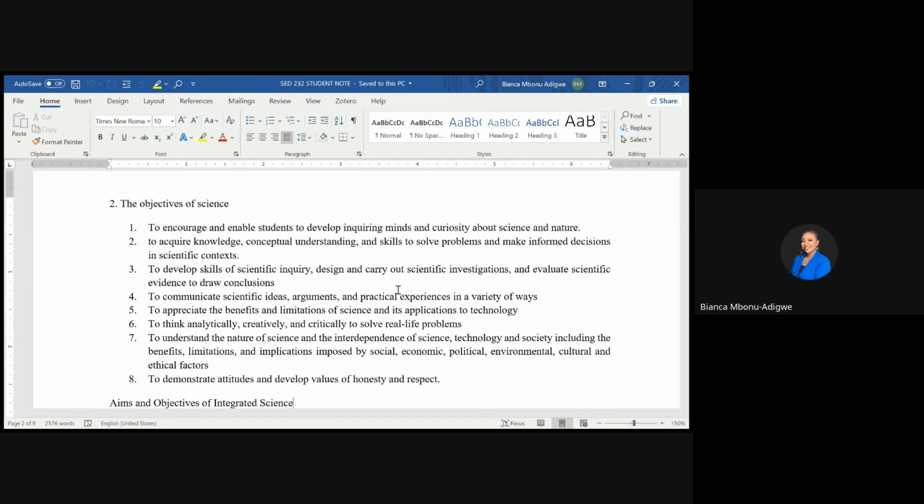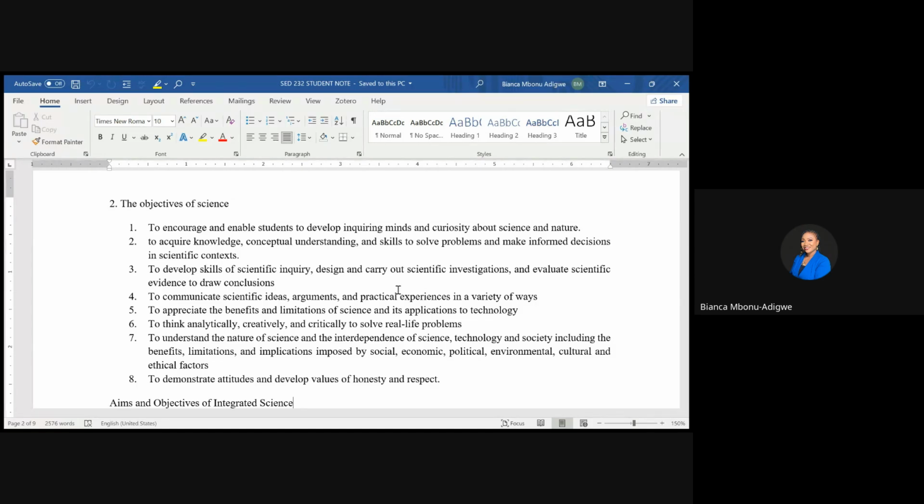As a scientist, we are trying to give you the knowledge, the understanding, and the skills to make informed decisions. So now that you have been exposed to science, you have been exposed to various subsets of science, biology, chemistry, physics, agriculture, and all, you should be able to make decisions with facts.